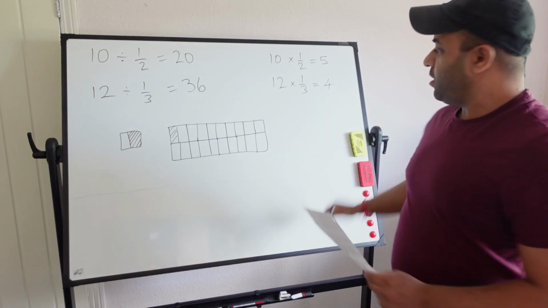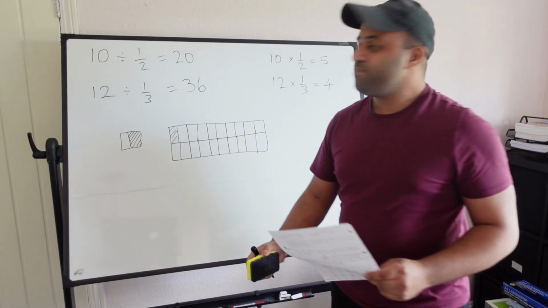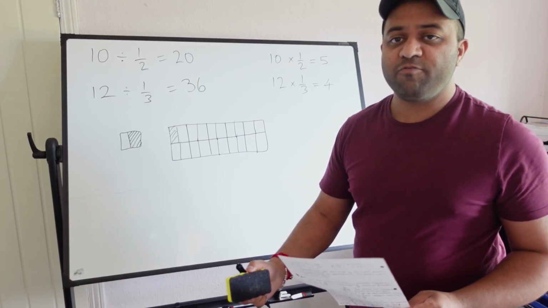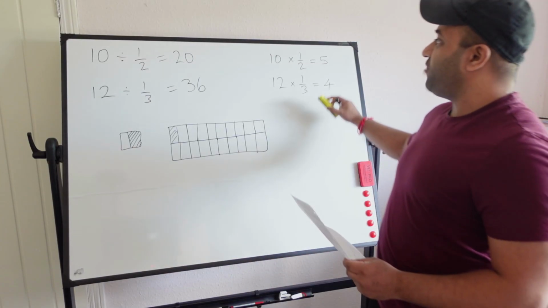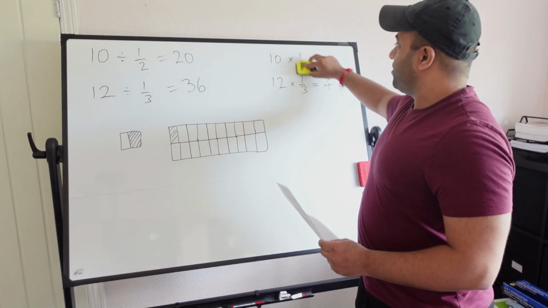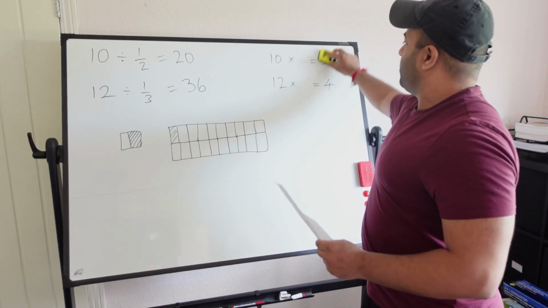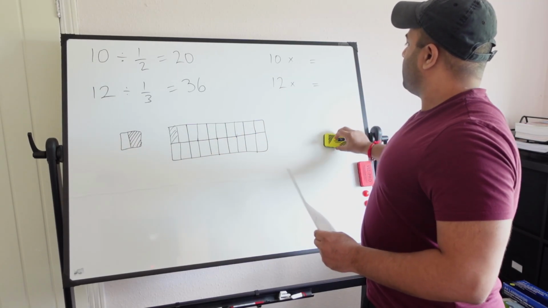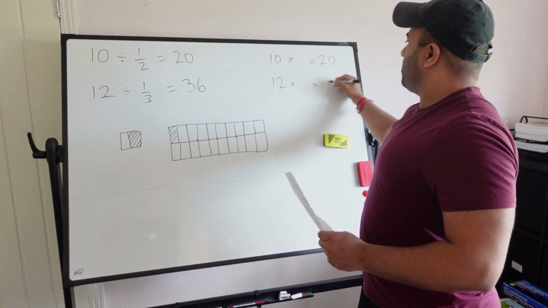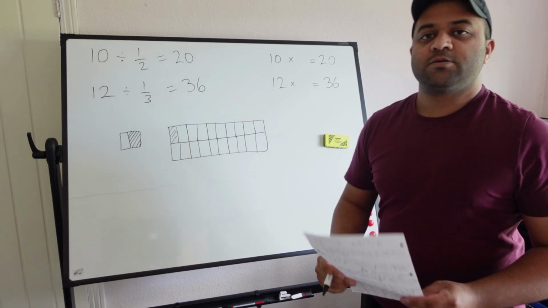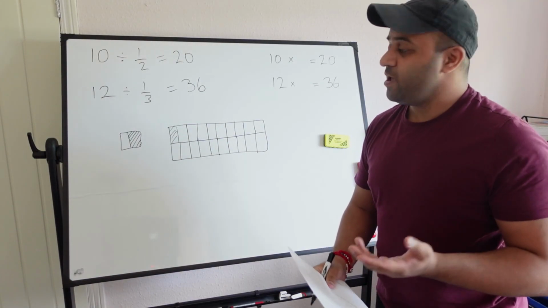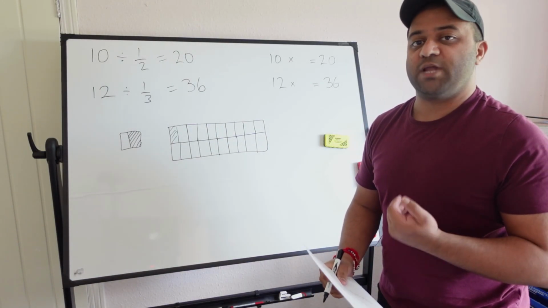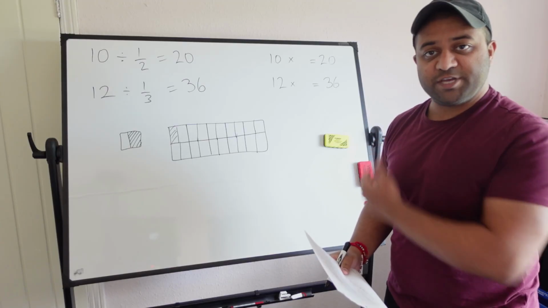Now, I'll propose again that dividing by a half has an equivalent operation. So what if I were to write down this? 10 multiplied by something will give us 20, and 12 multiplied by something will give us 36.